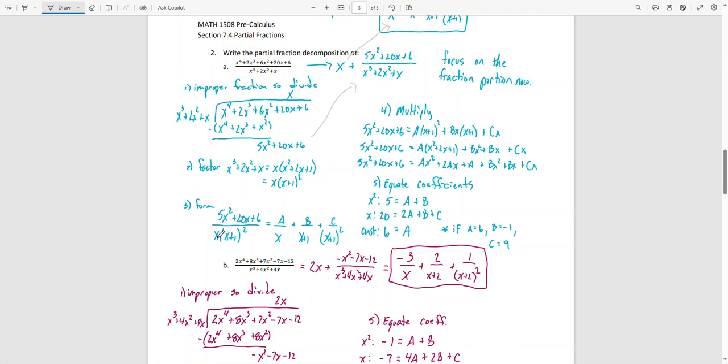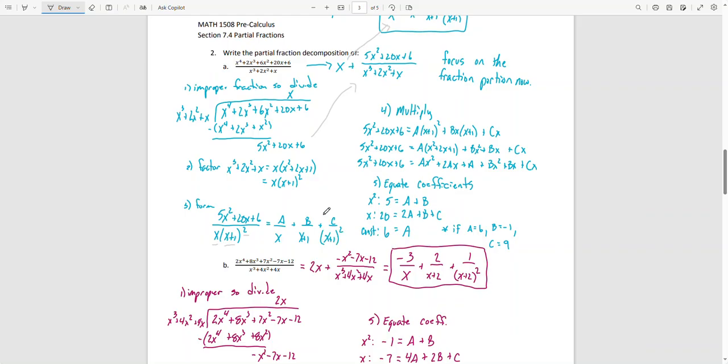Our fraction, 5x squared plus 20x plus 6, over the denominator, x times x plus 1 squared. Here's a linear factor, x, so we'll have A over x. X happens one time. Here's a linear factor, x plus 1, so we'll have B over x plus 1. But notice it happens twice, so we have to have a denominator of x plus 1 squared.